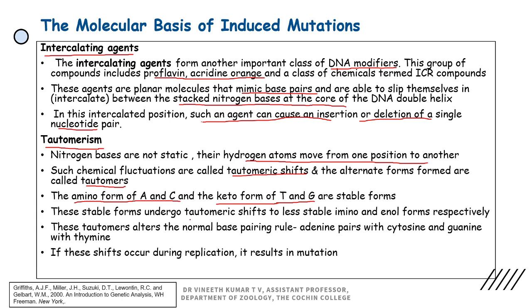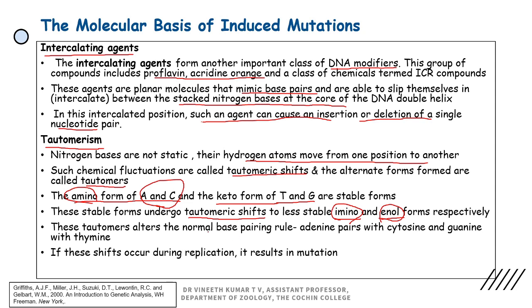At times, not always, these stable forms undergo a tautomeric shift to less stable forms. Amino will be converted to its imino form, and the keto forms will be converted to enol forms. That means adenine and cytosine, which are usually found in the amino form, will be converted to imino, and the keto forms, guanine and thymine, will be converted to their enol forms.